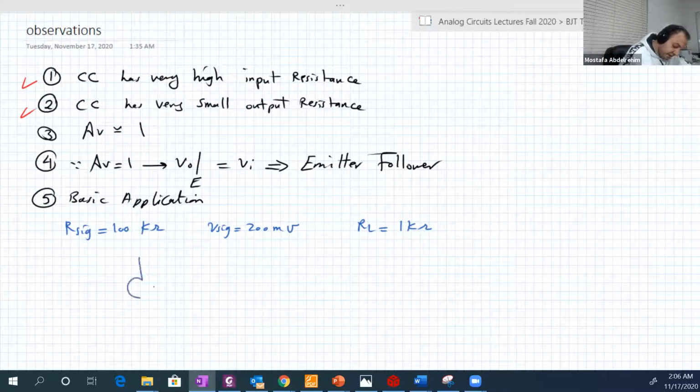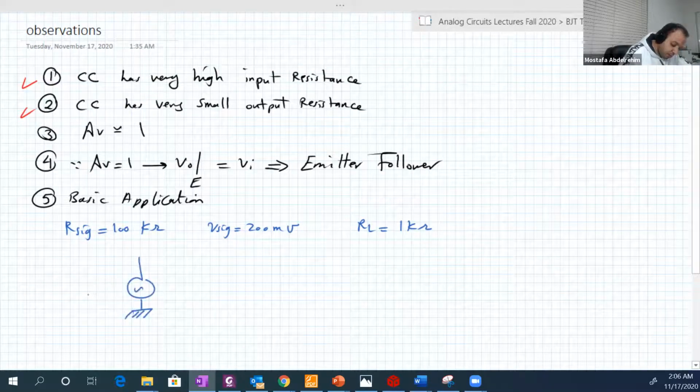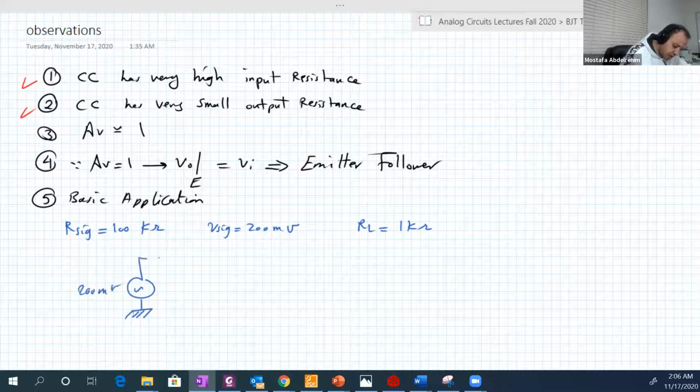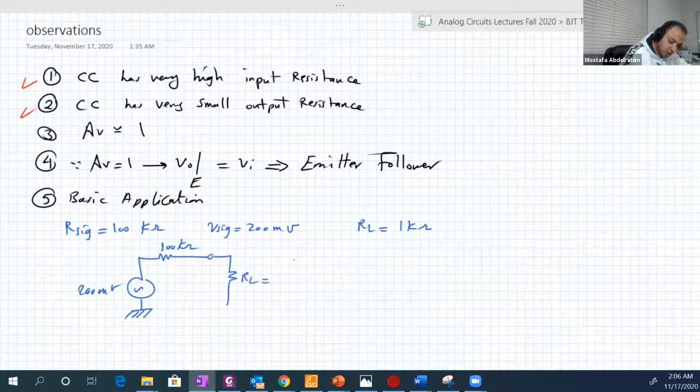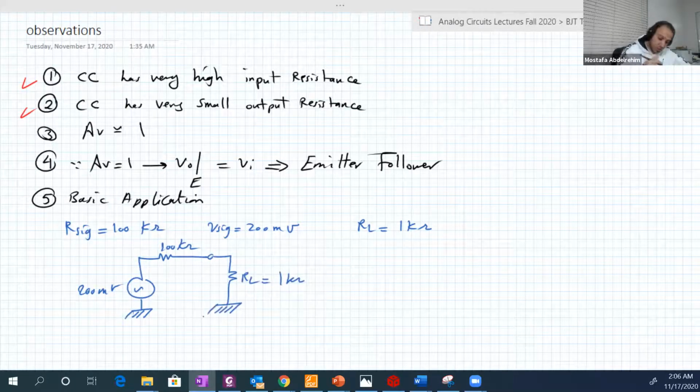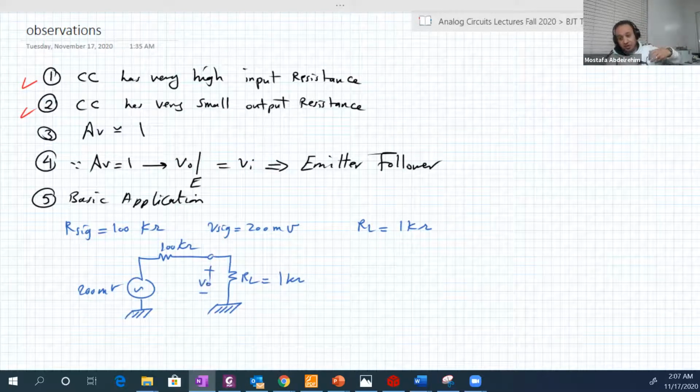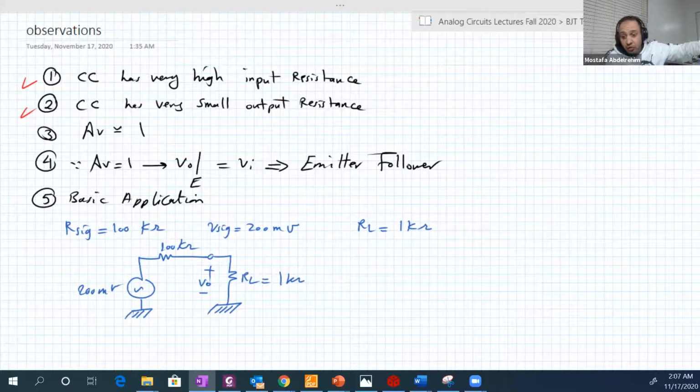So we have here the input, 200 millivolt, the internal resistance 100 kilo ohm, and then our load equal to 1 kilo ohm. What will be the output here? Remember, we have a source that produces some signal, and it's our desire to feed our load with its full voltage. Let's see if this happens or not.